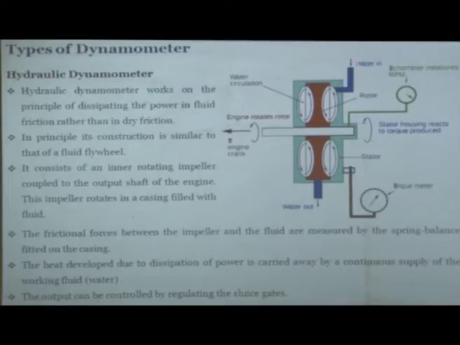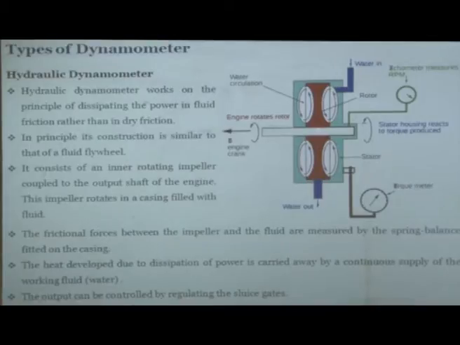Okay. So one side is connected to water, so when the rotor starts rotating, water eddies will be generated inside that tubular structure.